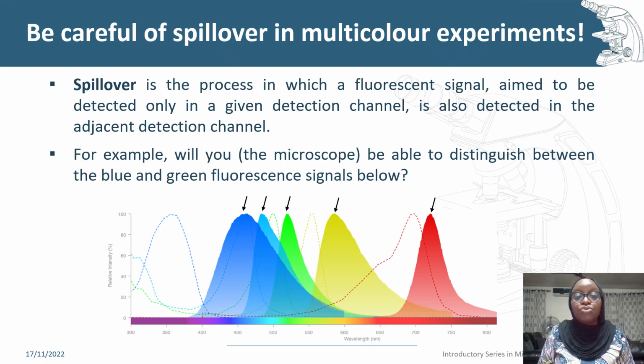For example, you'll be able to distinguish between the blue and green fluorescence signals shown in this image. You can see an overlap of colors causing a spillover. Note that using these blue and green fluorophores together in the same multicolor imaging experiment is not advisable.